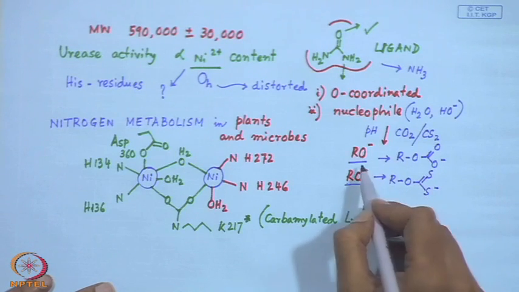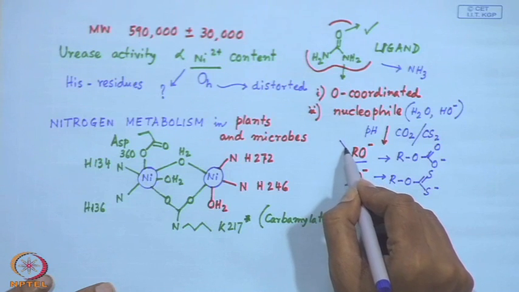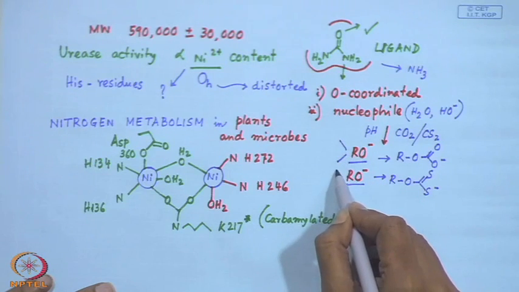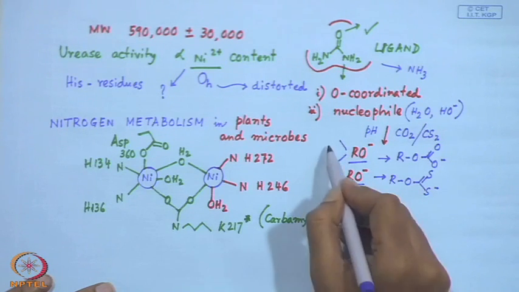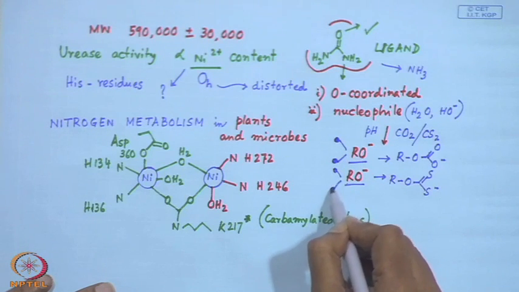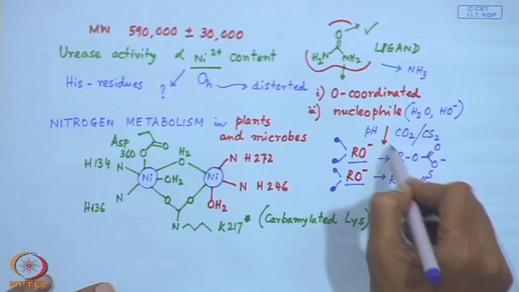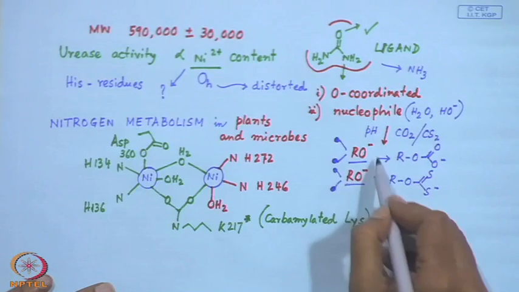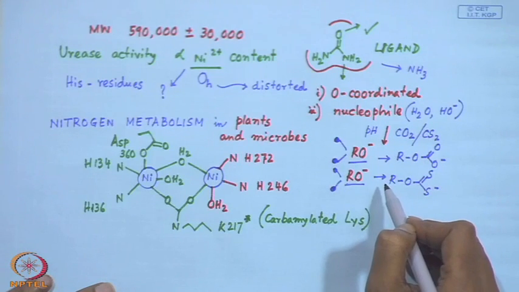Okay. So, we were just talking that these simple groups can bind 2 metal centers, one metal center here, another metal center there, but sometimes in the presence of carbon dioxide or any other group, these bridging groups can be transformed.